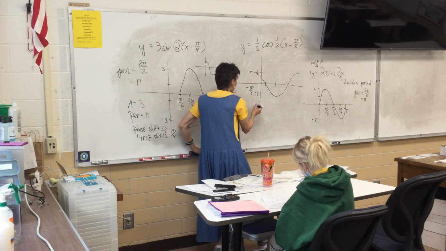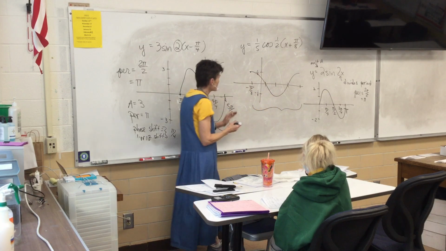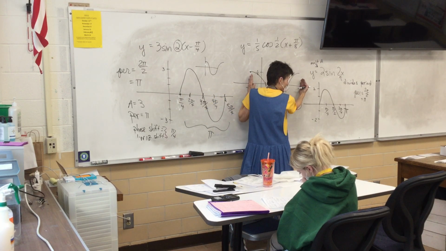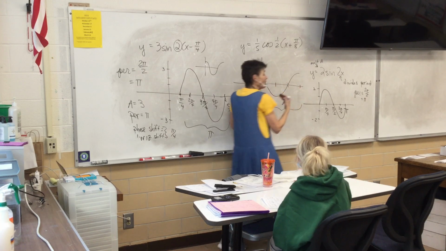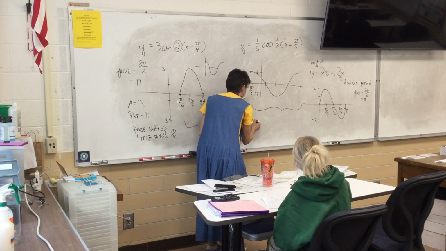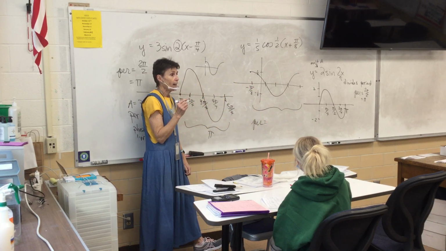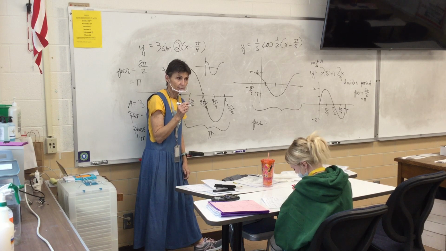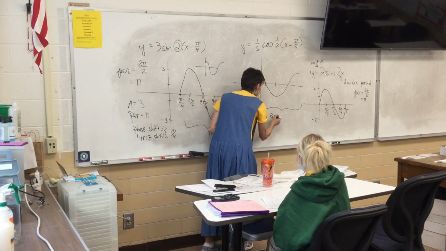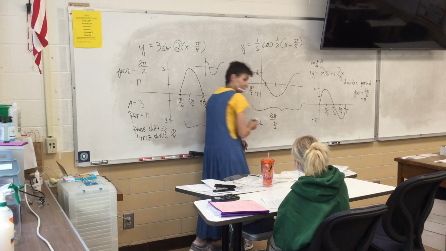What do we know about the period? In other words, from this hand to this hand would be the period. What is the period in this problem? How do we find the period? 2 pi over the coefficient on x, which is 1/2.